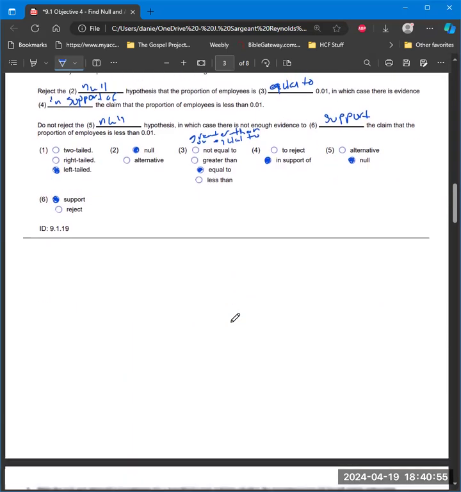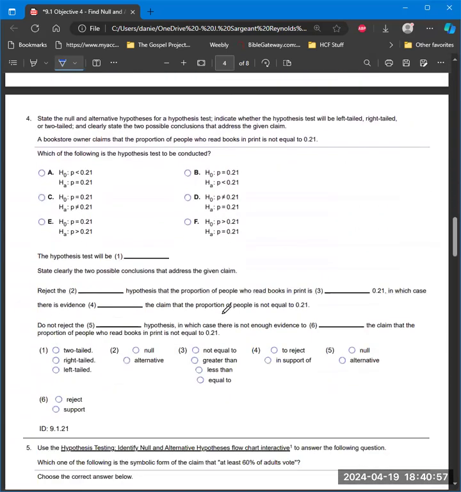Hope we get something a little bit different now. The bookstore owner claims that the proportion of people who read books in print is not equal to 0.21. Well, that's definitely different. So proportion not equal to 0.21 is clearly opposite of proportion equal to 0.21.